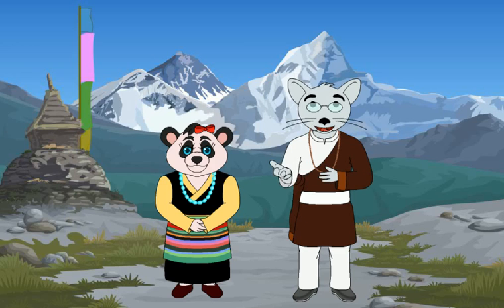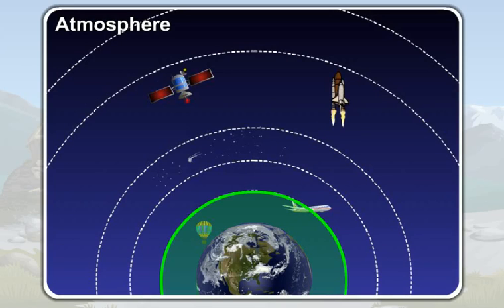Students, now let us learn about the different layers of the atmosphere. The layer of air near the Earth's surface contains about 70% of the total air of the atmosphere. This layer is called the troposphere.